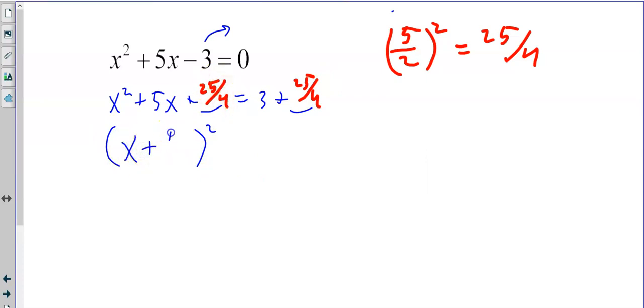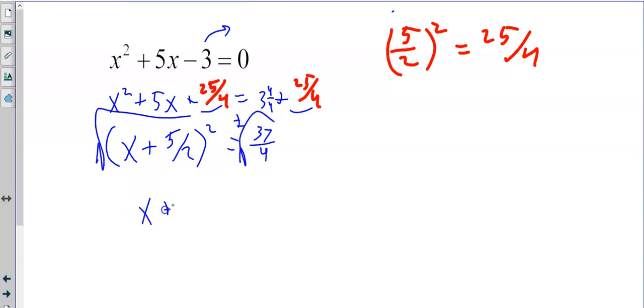Square root of 25 fourths is 5 halves. And to add this, I think I'll need to have the same fraction. So this would be 4 over 4, 12 over 4. 12 over 4 plus 25 over 4 is 37 over 4. Square root both sides.